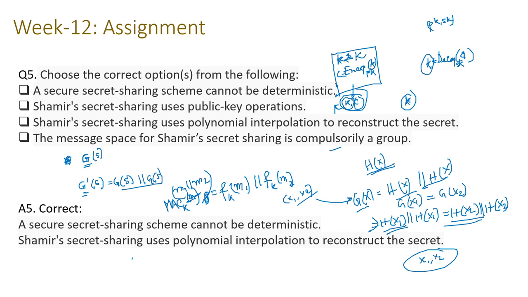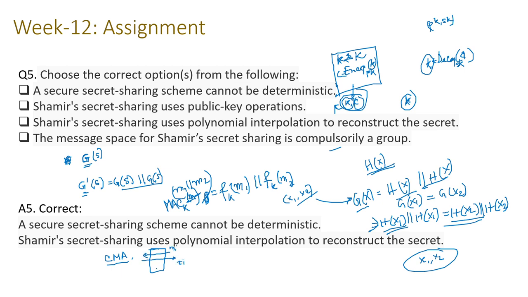So is this MAC secure or not? What is the security property that MAC implies? You should ensure that no chosen message attack is possible. What is the chosen message attack? The adversary is allowed to see the tag corresponding to various messages.